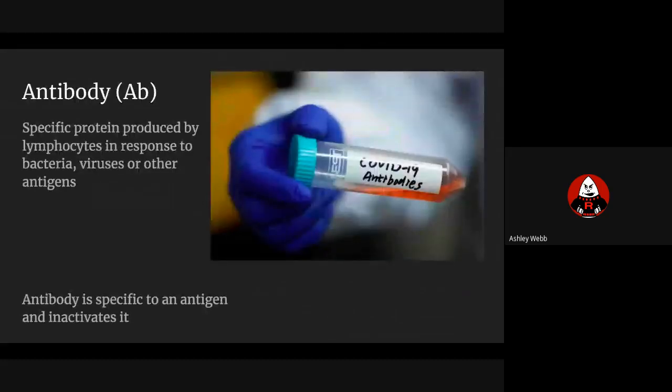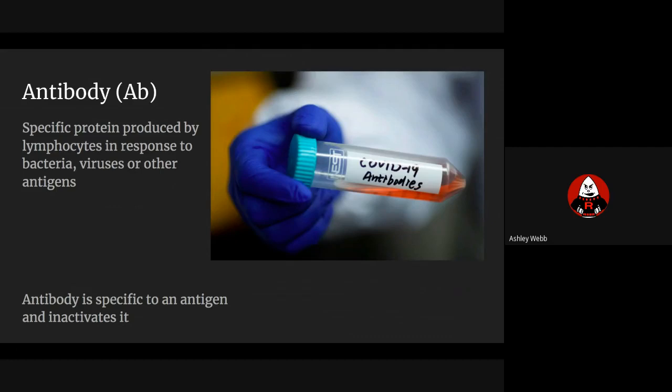The first one being antibody. Antibody is not a new term for us. We talked about antibodies and antigens quite a while ago, so we're just going to review that. An antibody is a protein that is produced by lymphocytes.